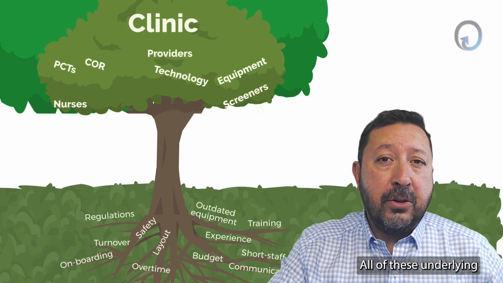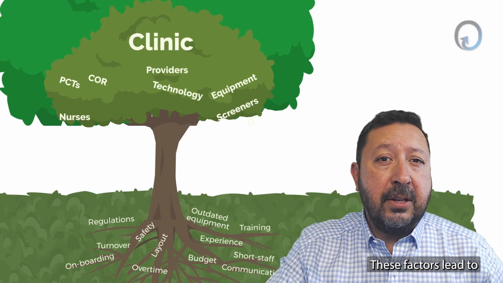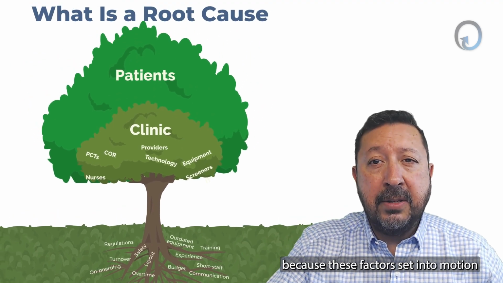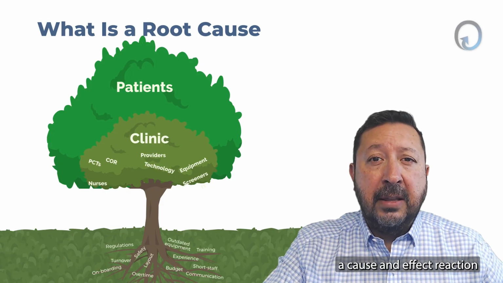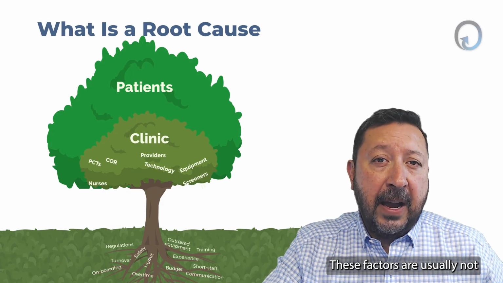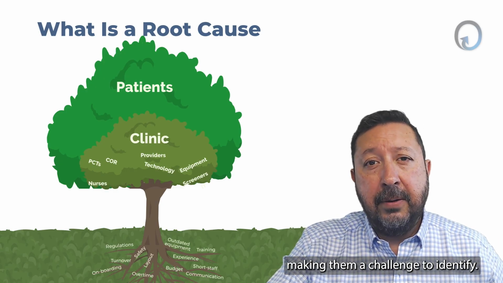All of these underlying issues are stunting growth and proper workflow. These factors lead to some sort of nonconformance, which needs to be rooted out because these factors set into motion a cause and effect reaction that lead to a bigger problem, either upstream or downstream. These factors are usually not visible, thereby making them a challenge to identify.